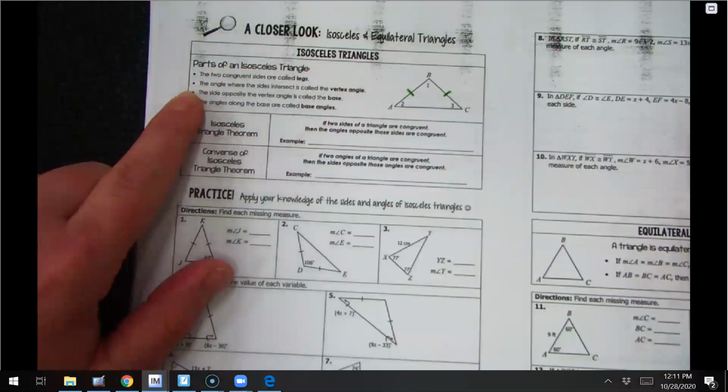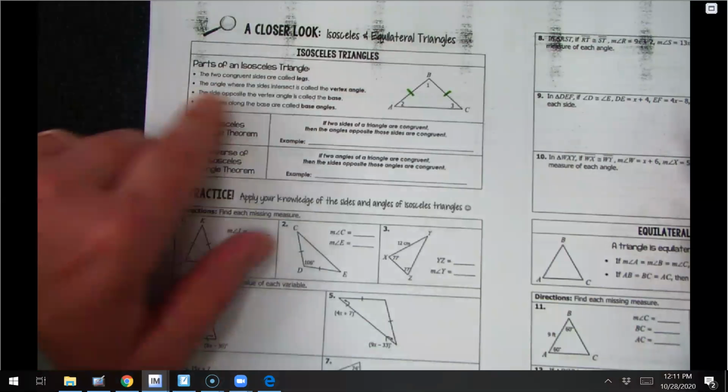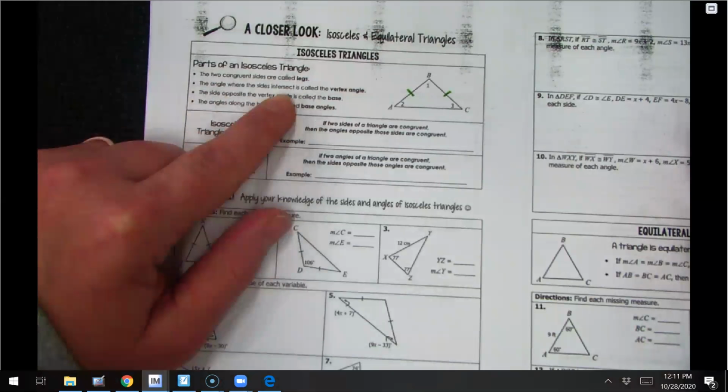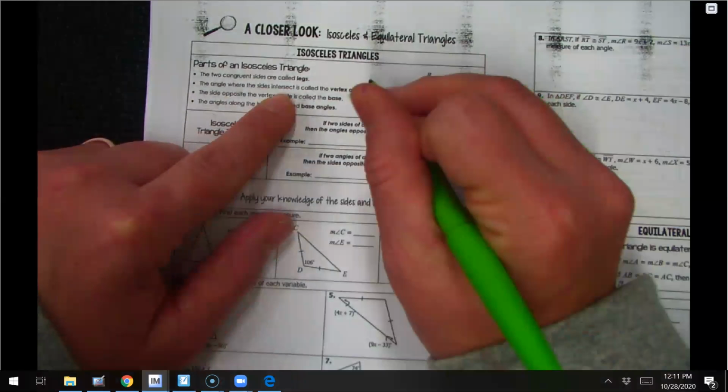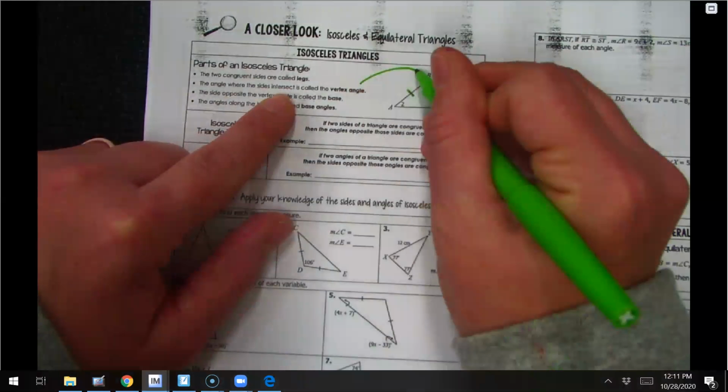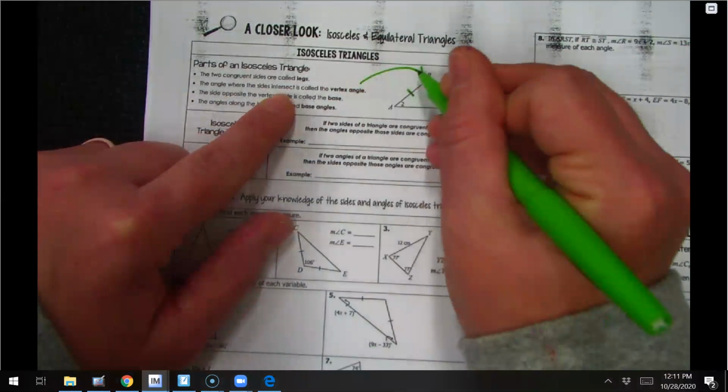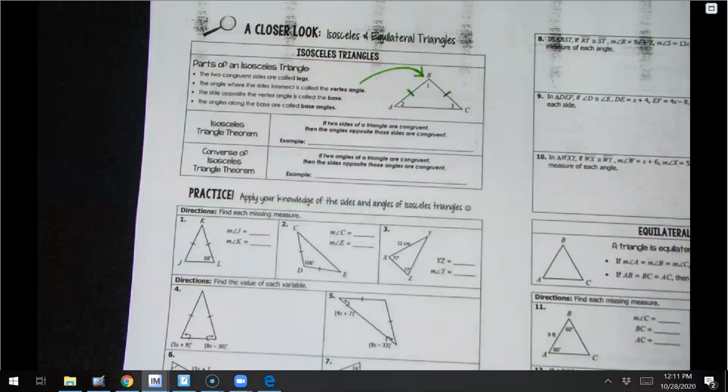The angle where the sides intersect is called the vertex angle, which in this case is B. That's the one that is between the 2 congruent sides.